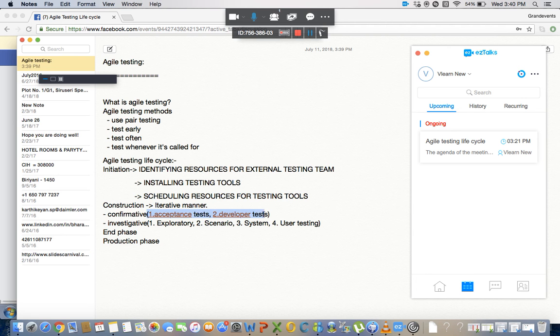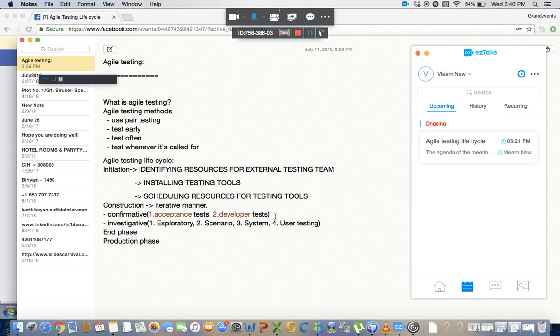Two types of confirmative tests are there. One is acceptance, and the second one is the developer test. Second is the investigative testing. So before going into this, let us see what is acceptance test and developer test.